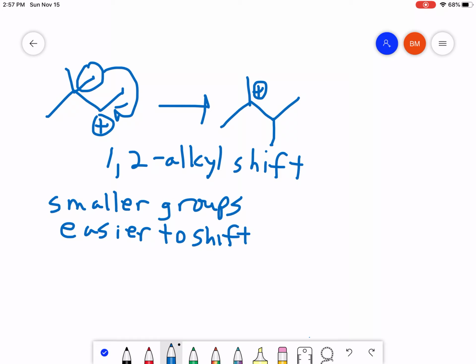But it is certainly possible to do these. And since we can't do a hydride shift here, we can absolutely do an alkyl shift. If we were to go forward with the reaction from here on out, we'd approach it the same way. Look for beta hydrogens, so you could form this product. You could also form this product.